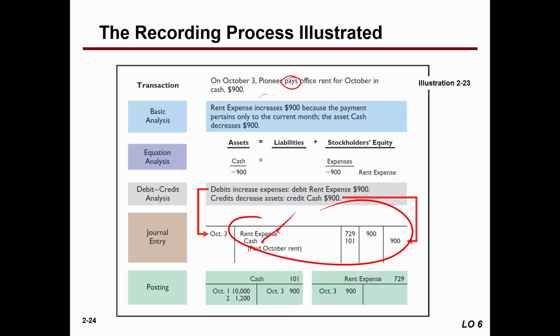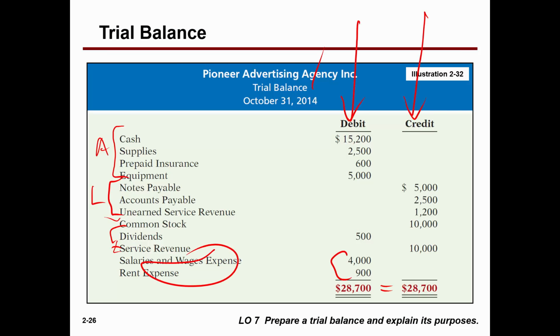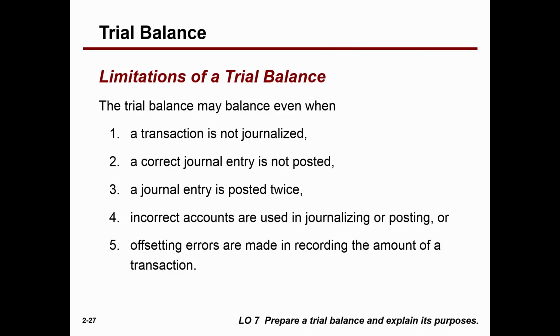Your cash is going to be too big by 900. Your rent expense is going to be too small by 900. And if you look at the trial balance here, this cash is going to be too big, and the rent expense is going to be 0, right? But you still end up with the same total. So if you forget to record a transaction, you're still going to balance.